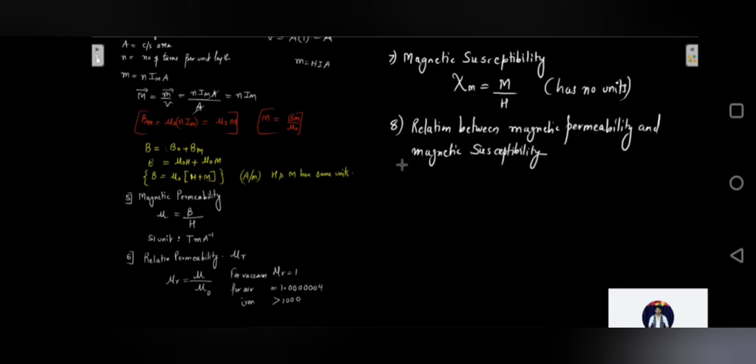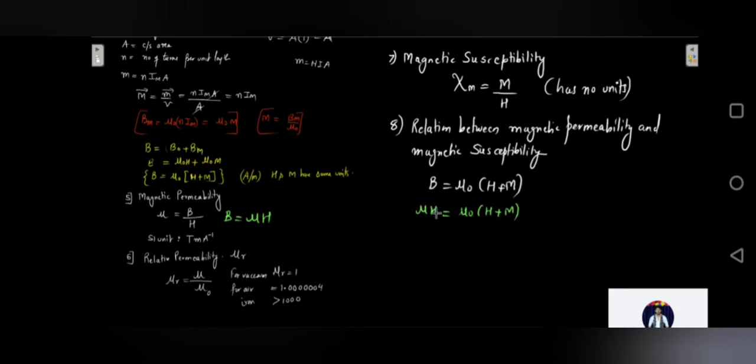We had seen that B is equal to mu naught into H plus M, and from magnetic permeability, B is equal to mu into H. If I substitute it over here, mu into H will be equal to mu naught into H plus M, correct?